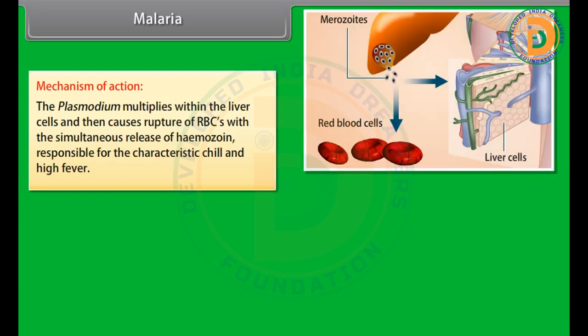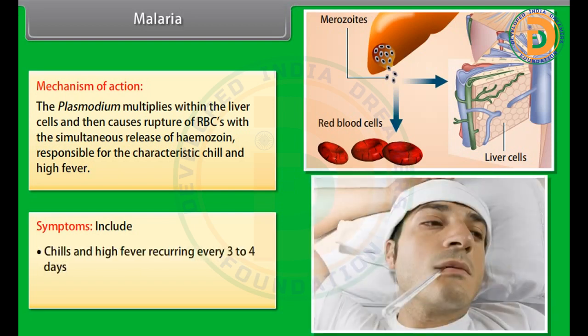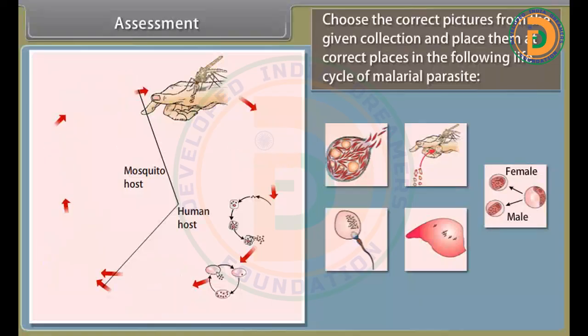The Plasmodium multiplies within the liver cells and then causes rupture of RBCs with the simultaneous release of hemozoin, responsible for the characteristic chill and high fever. Symptoms include chills and high fever recurring every 3 to 4 days. Fatigue.